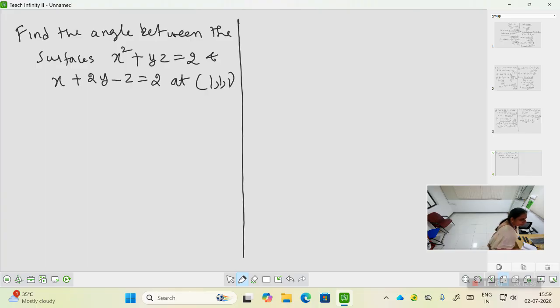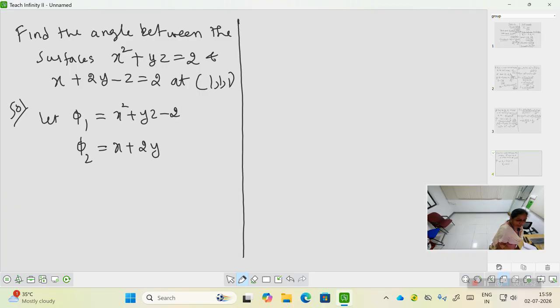Now the solution. Let phi 1 equal to the first surface, x square plus yz minus 2. The second surface is phi 2, x plus 2y minus z minus 2. Now as usual, what do we want?